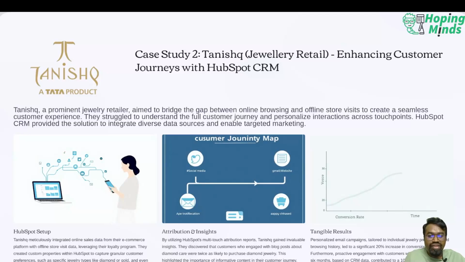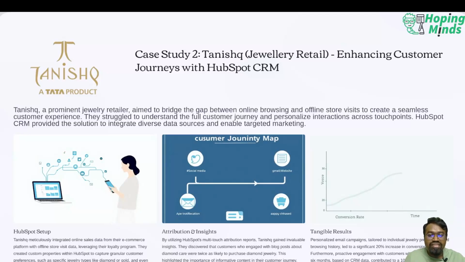How did they achieve it? Now, while doing the HubSpot setup, Tanishq meticulously integrated online sales data from their e-commerce platform with offline store visit data. Leveraging their loyalty program, they created custom properties in HubSpot to capture granular customer preferences such as specific jewelry types like diamond or gold, or even preferred styles.